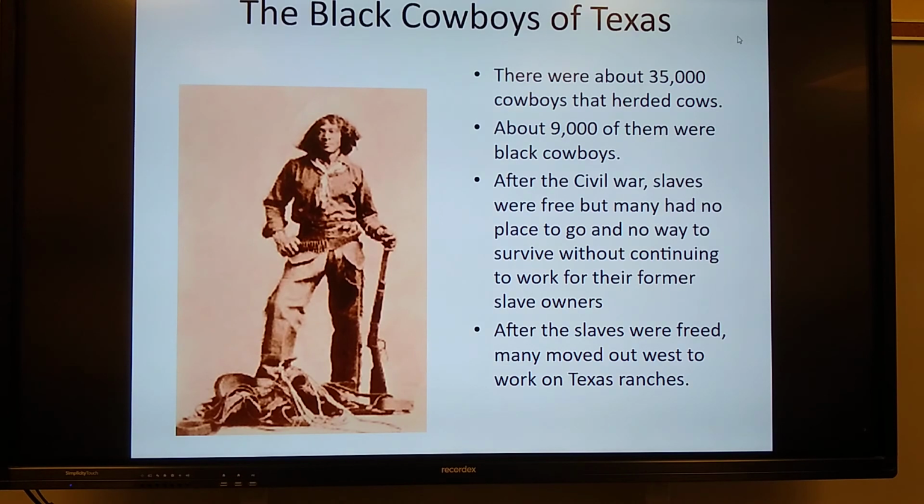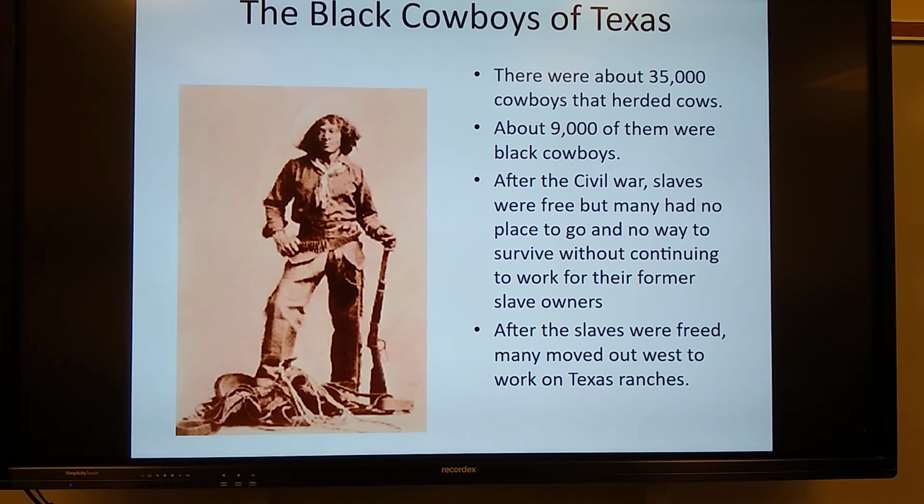The Black Cowboys of Texas. There are about 35,000 cowboys that herded cows. About 9,000 of them were black cowboys. After the Civil War, slaves were free, but many had no place to go and no way to survive without continuing to work for their former slave owners.